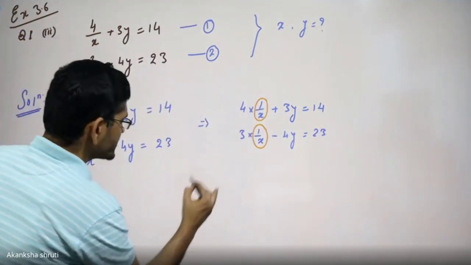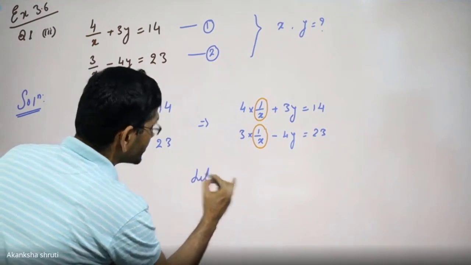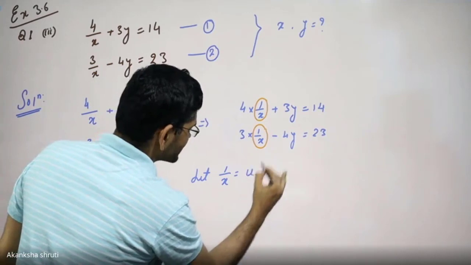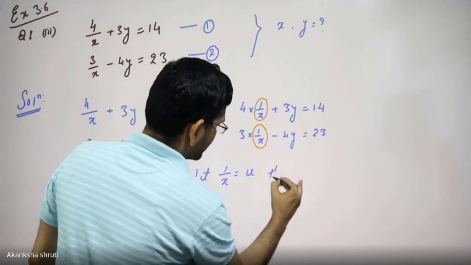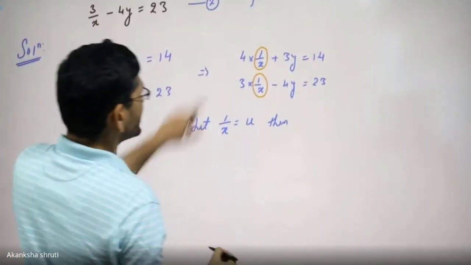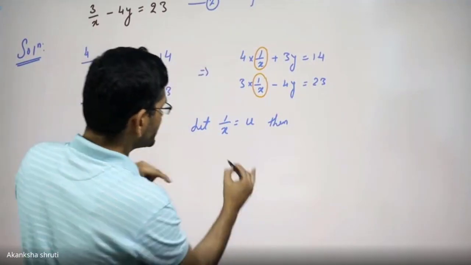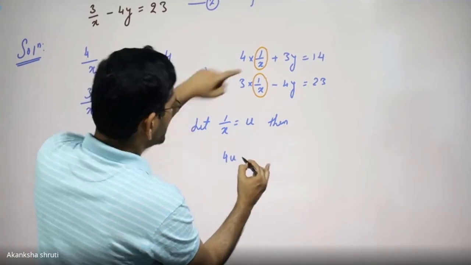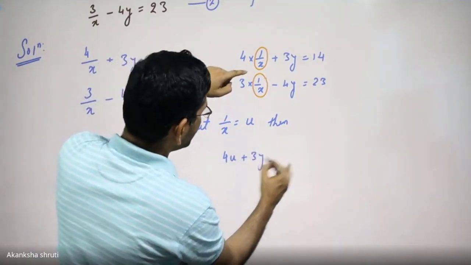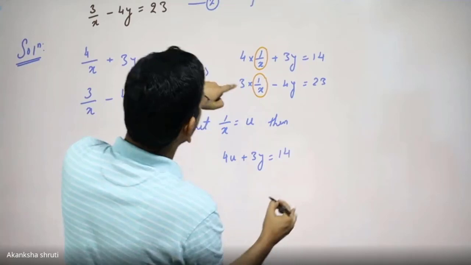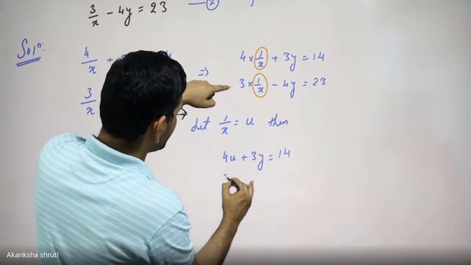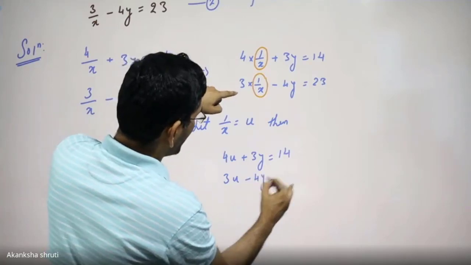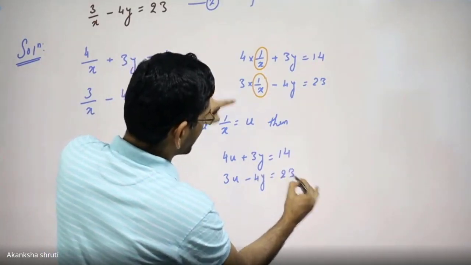So do the substitution. Let 1/x be a new variable, say u. Then the equation becomes 4 into 1/x, so it is 4u + 3y = 14. And the second equation becomes 3u - 4y = 23.